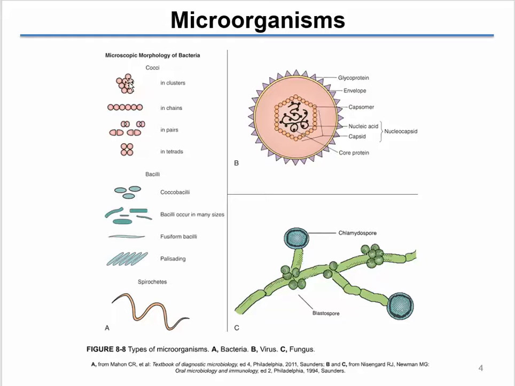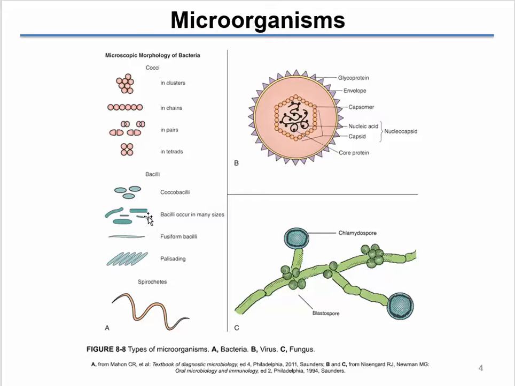If there's a grouping of the cocci, they're staphylococcus. If they're in a chain, a strip, they're streptococcus. So the cells are little spheres. If it's a bacilli, they tend to be more elongated. The coccobacilli are kind of just ovals.